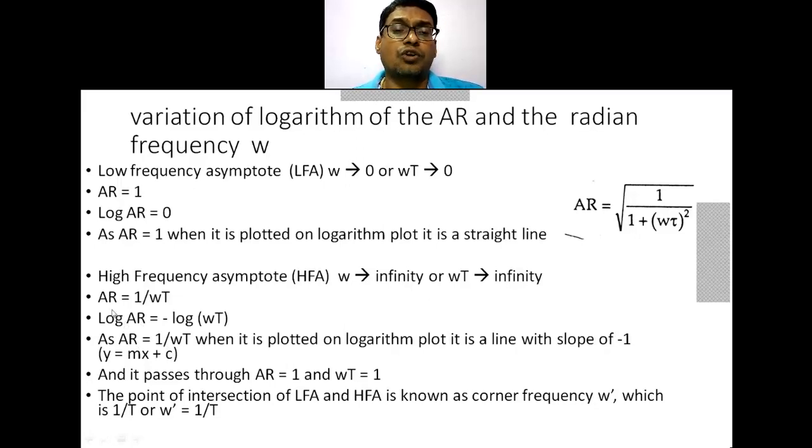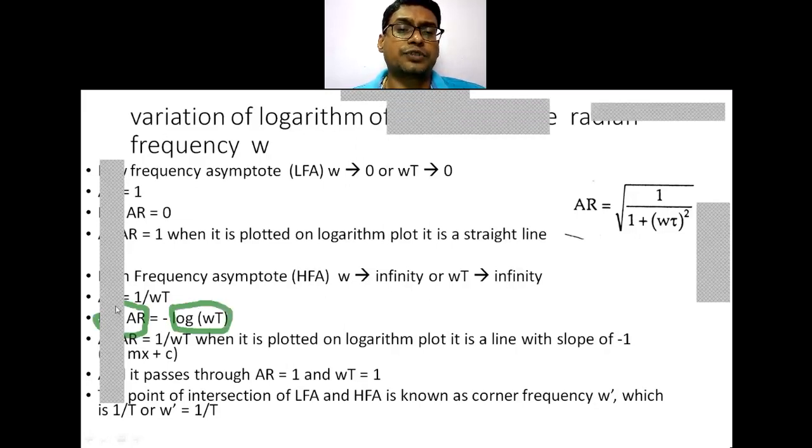This is log of amplitude ratio, y, and x is omega tau, so the slope is -1.